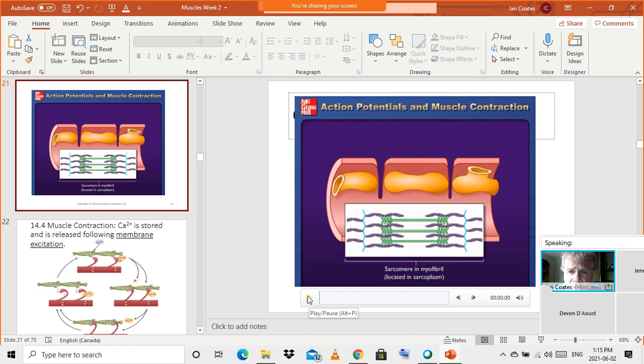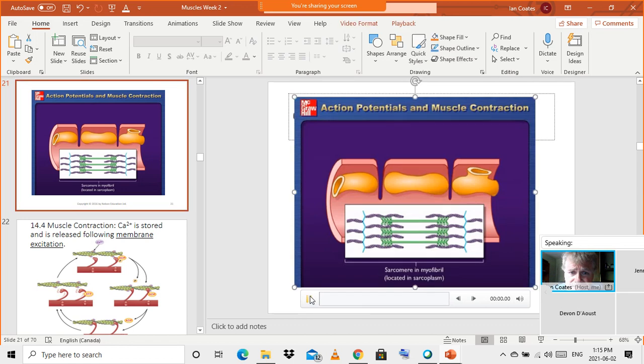An action potential introduced at the neuromuscular junction is propagated along the sarcolemma of the skeletal muscle. At the T-tubule, the action potential is propagated on the T-tubule membrane into the interior of the muscle cell near the ends of the sarcoplasmic reticulum.